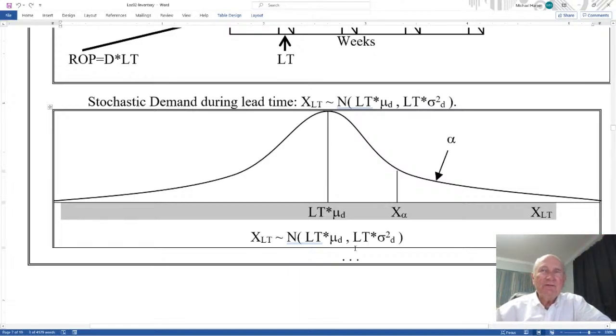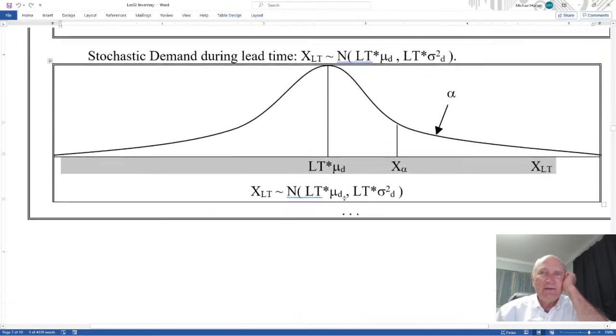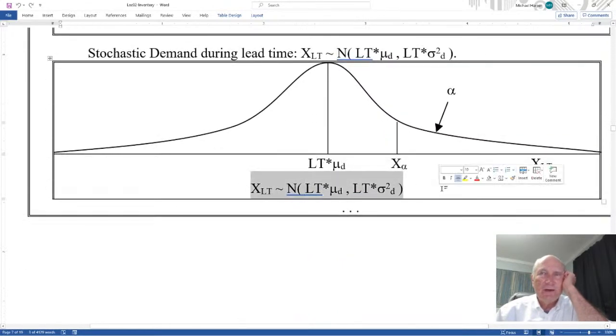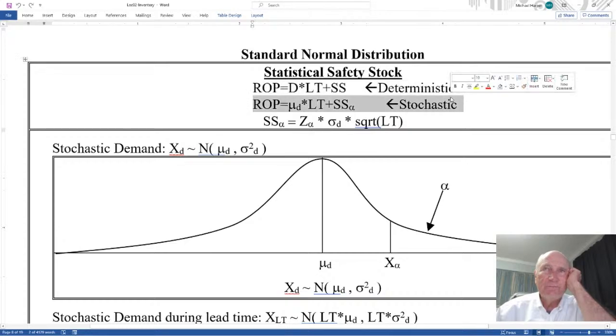Because the demand per week, month, quarter, or year is different than the demand per lead time. If the lead time is 1.5 weeks, what's my demand per lead time? That's different than the demand per year. And then down here, there's my variable. Then I go through the deterministic, and there's the ROP.